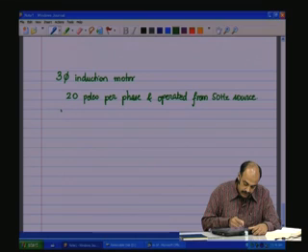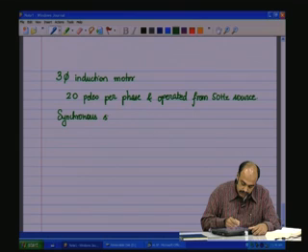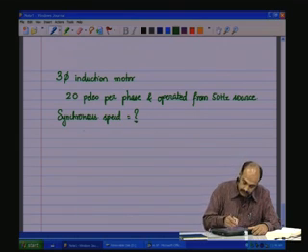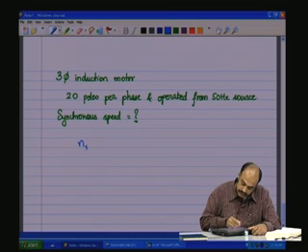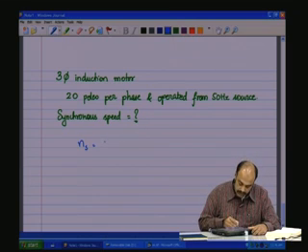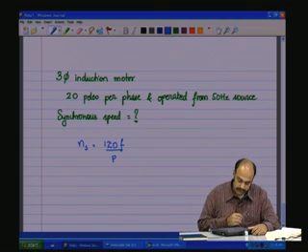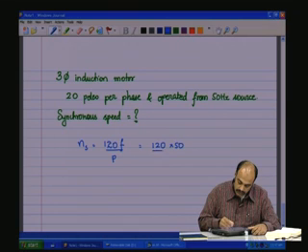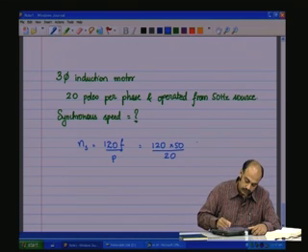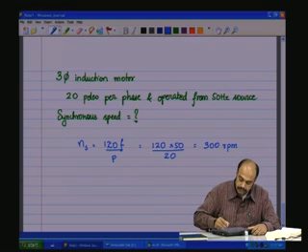Now what is the synchronous speed? So we know that Ns in rpm is given by 120 applied frequency by P, where P is the number of poles per phase. So this will be 120 into 50 divided by 20. So that is 300 rpm, revolutions per minute.